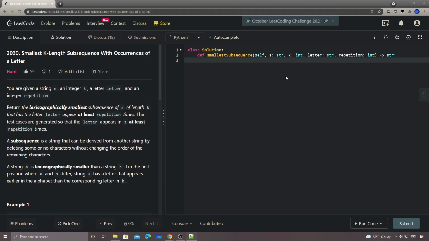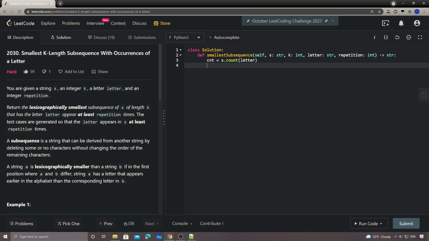Let's start coding. Since we have to check multiple conditions, we'll need several variables to help us. The first one is the total, because we need to know how many counts there are for this letter in total. And then we need a stack. We need the n, the total length, to compare with the length k.